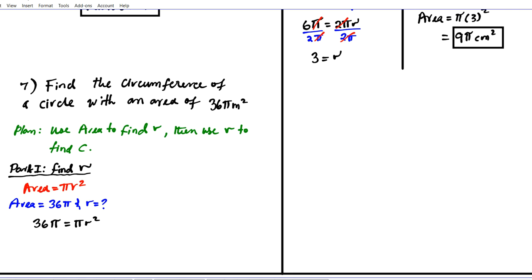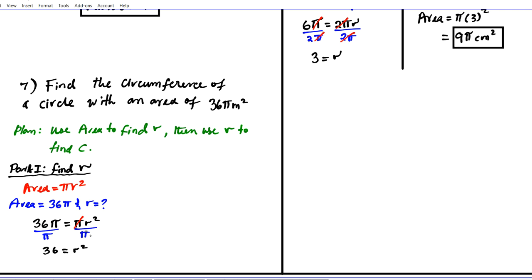So this is a 2-step algebraic process to isolate r. We need to get rid of pi first and then get rid of the square, like we're doing PEMDAS in reverse, right? Okay, so let's go ahead and do that. We're going to divide both sides by pi first. And then that yields 36 is equal to r squared. How that happened, we just divided out the pi's, right?